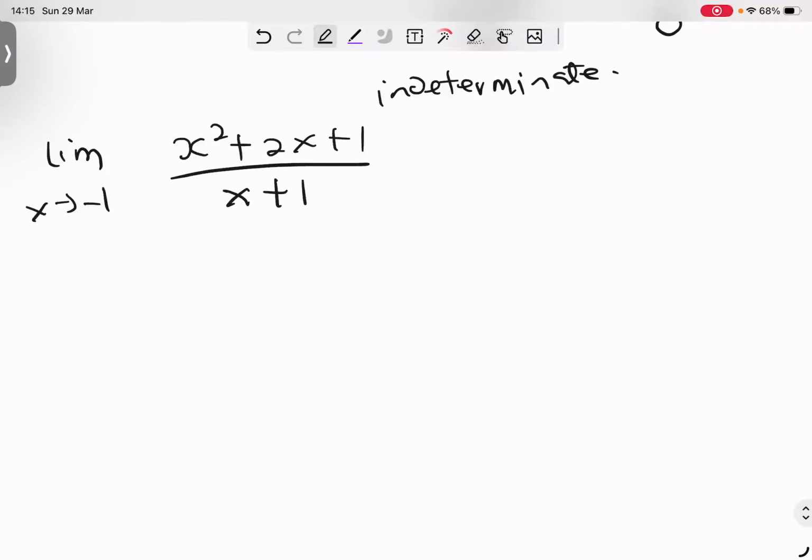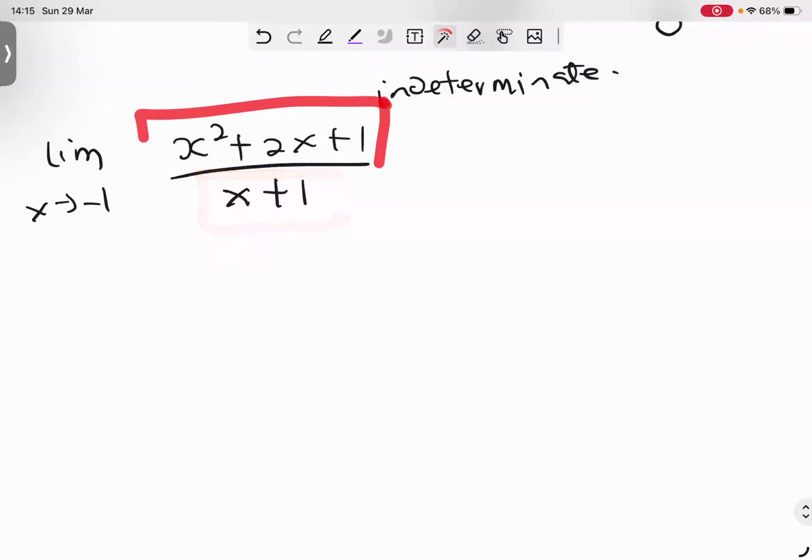Therefore, we look at which part of the function we can simplify. The denominator is a polynomial. To simplify polynomials, you have to use factorization. However, factorization means you have to break it down into its least form. The linear is the least form of a polynomial in terms of factors. Therefore, we cannot break the denominator down any further.